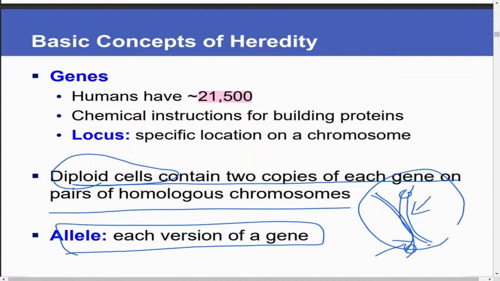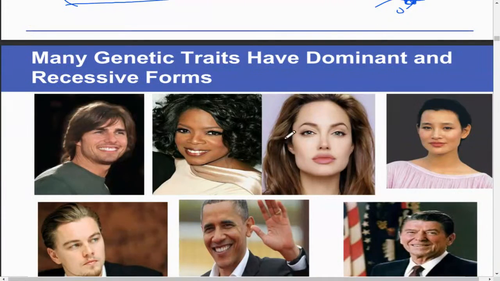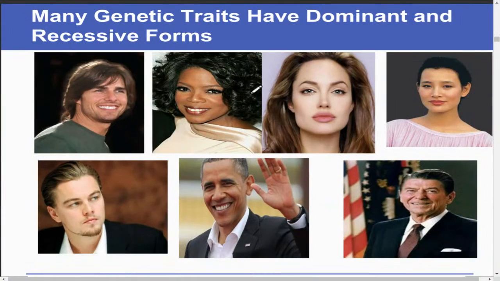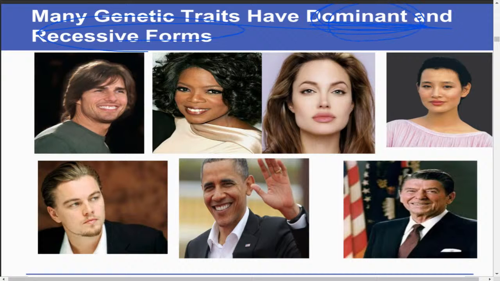Next, we have the allele. The allele is each version of a gene. This is a version, this is another version of a gene called the allele. Let's move to the next slide. We have here many genetic traits having dominant and recessive forms.